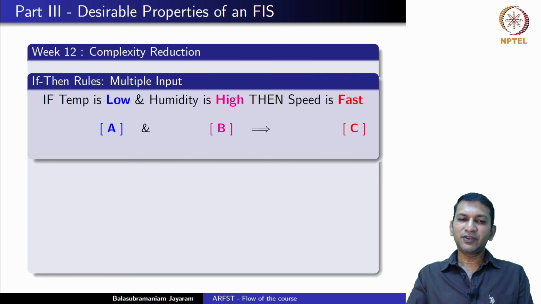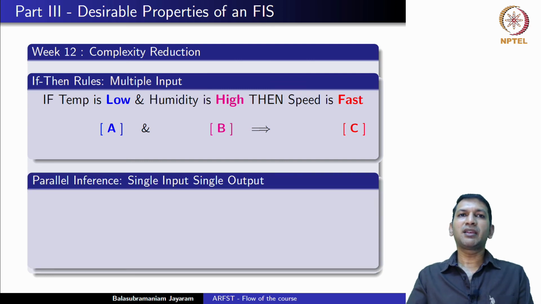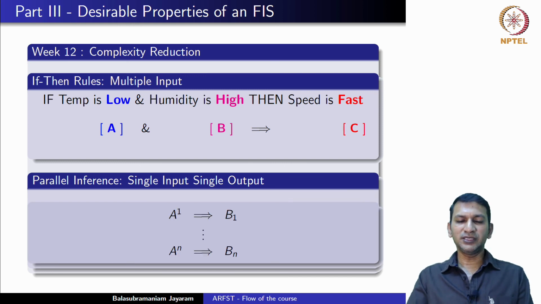Now, fuzzy inference schemes actually do parallel inferencing. By that we mean they take a set of rules and consider all the rules that are given to the system in obtaining an inference or output B dash from the input A dash. The rule bases themselves could be single input, single output rule bases: A1 implies B1, and so on to AN implies BN, where N is the number of rules.